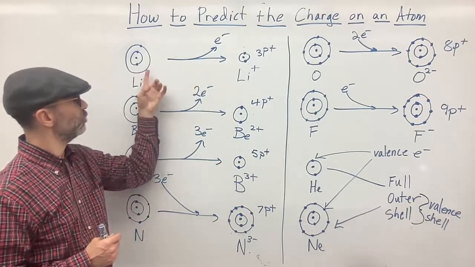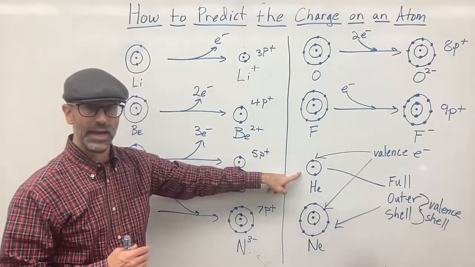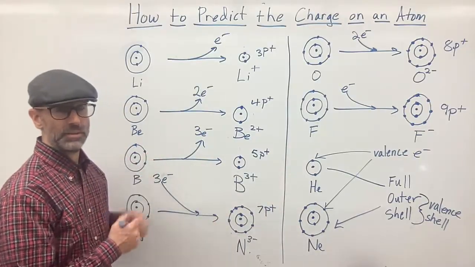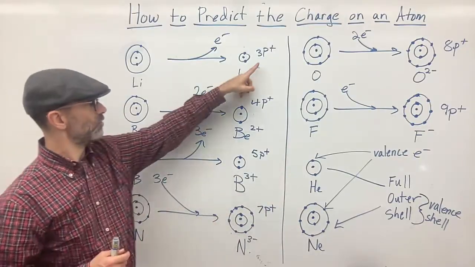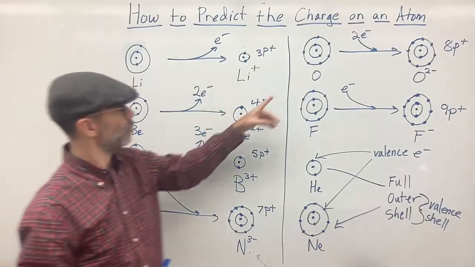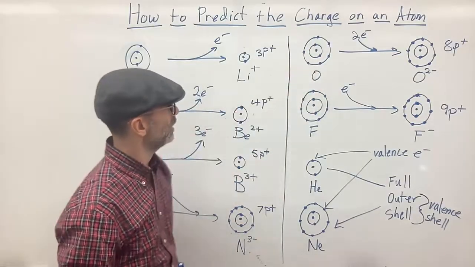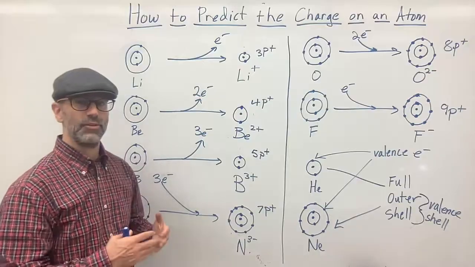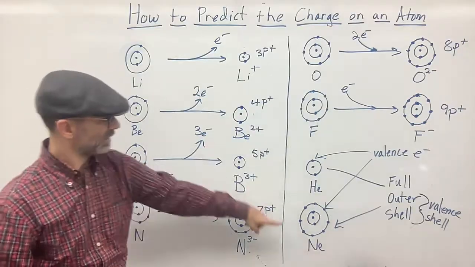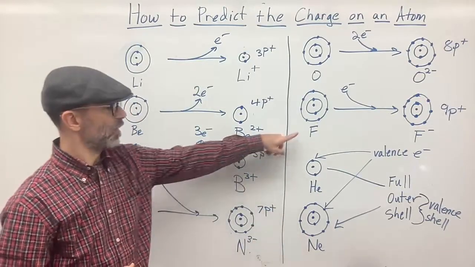If it can lose fewer electrons than it would gain, it's going to lose those electrons. And so losing electrons gives it a positive charge. And if you have 5 or more electrons in your outer shell, then it's going to be easier just to gain more electrons than to lose those electrons to be like the next noble gas. Then it's going to do that, and it's going to have a negative charge.